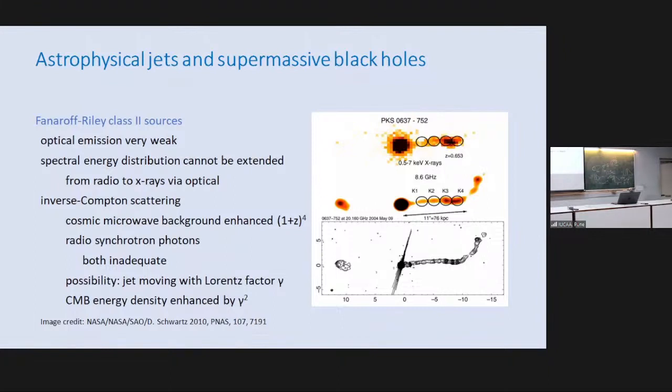It has also picked up a hotspot over here, and you can see that not very close corresponding, but there is a lot corresponding between knots of emission, which may be due to shocks in the flow of the jet, or it could be due to individual plasmons which are being shot out from the black hole with disk at successively different points of time. But these knots are very common in these jets, class 2 sources.